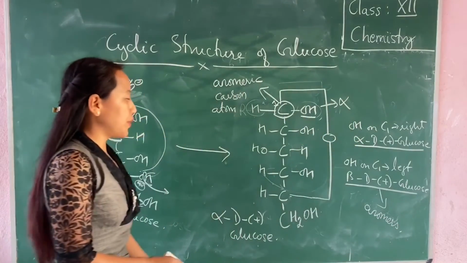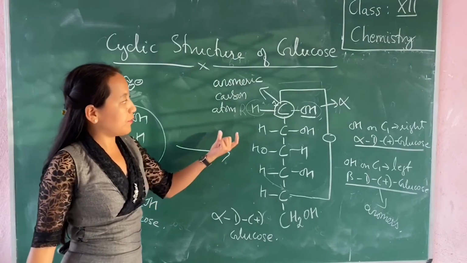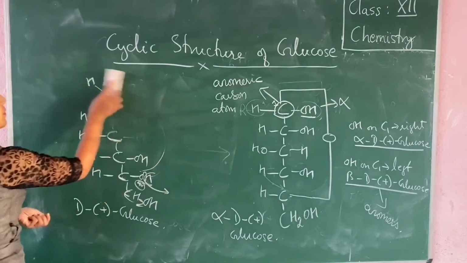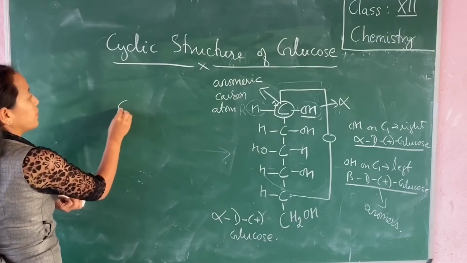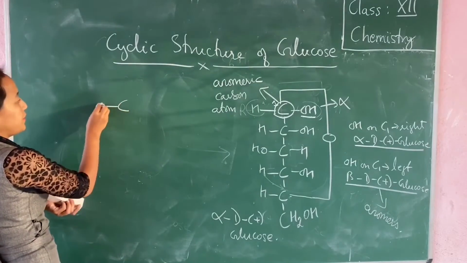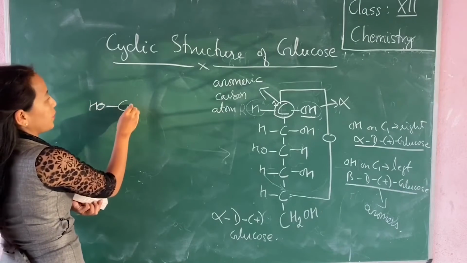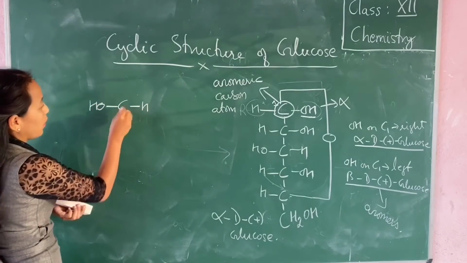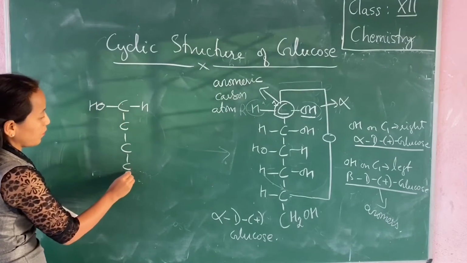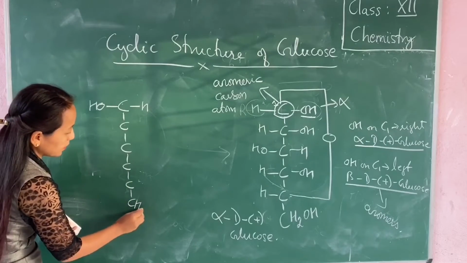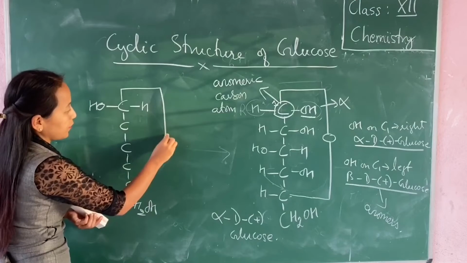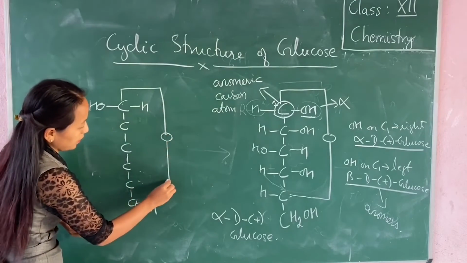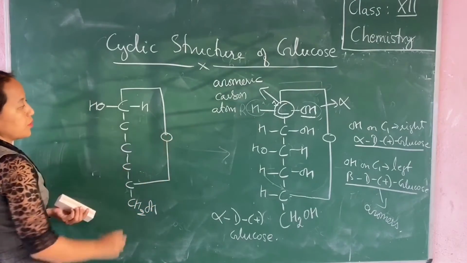Now if I write down the beta form of this, you will have OH on the left hand side, and then you have your H. 1, 2, 3, 4, 5, 6. This one will have CH2OH. And now this forms a ring with the fifth carbon atom through the oxygen.